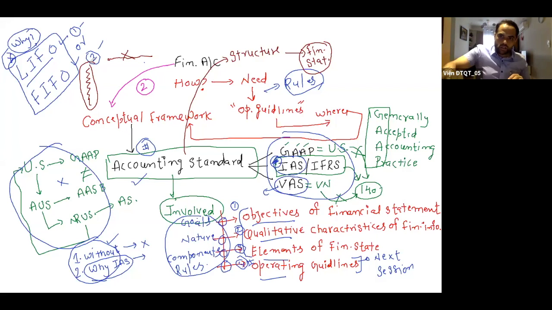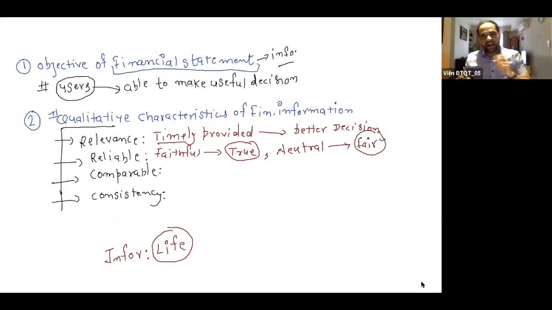Following the guidelines of accounting standard on structure is just an example. It enhances the comparability of an organization's financial information with other companies' financial information. So for example, we have two companies.